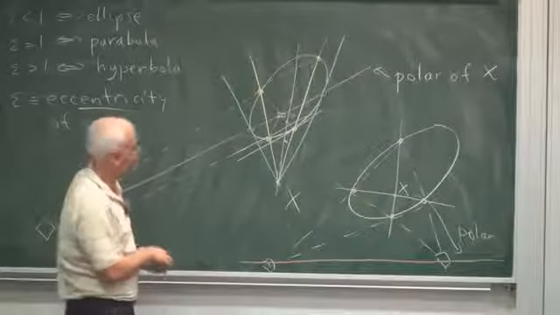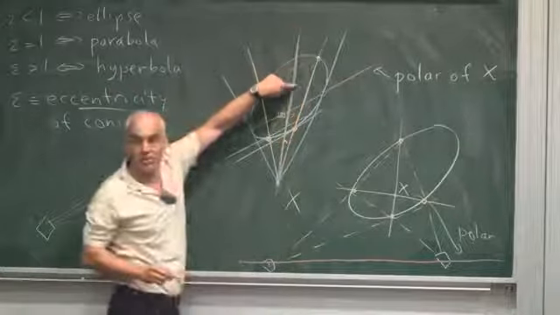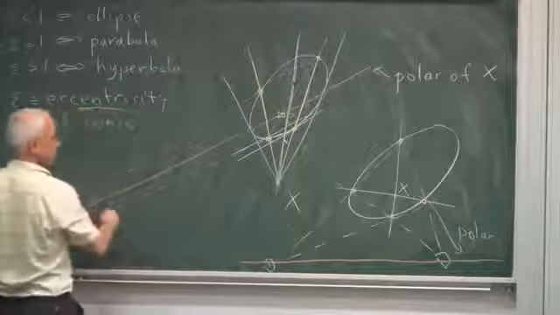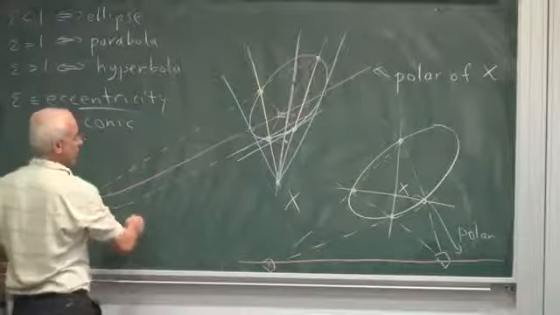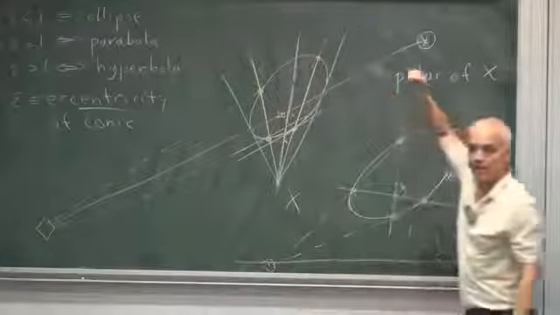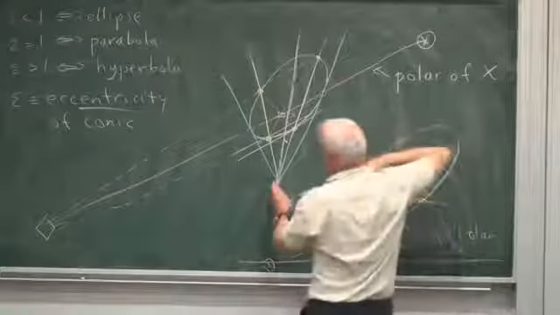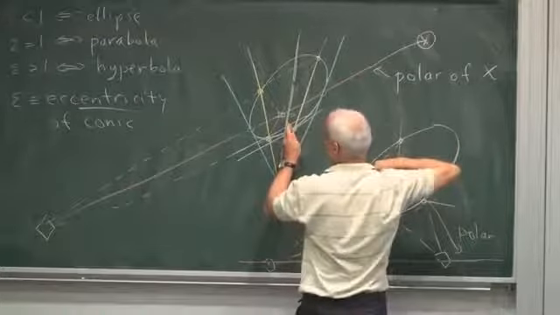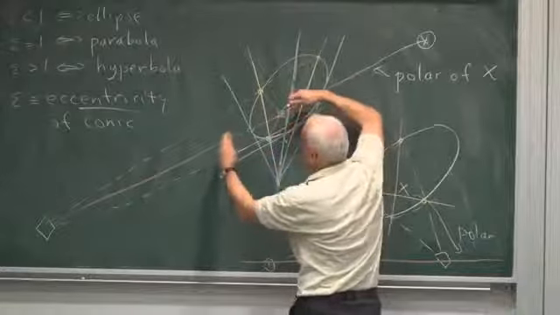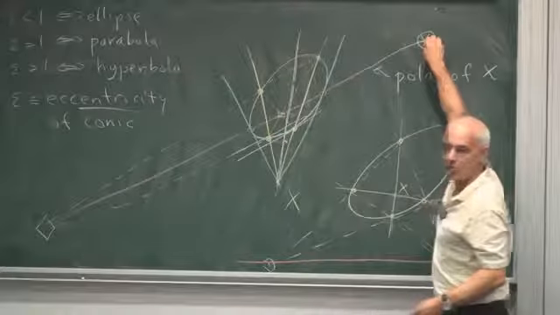He said, what happens is you need to compute the pole of the line that you're moving on. And it would be, let's say for the sake of argument, out here. And what ends up happening is that as this x moves along this line, all the polar lines of x rotate always through this point.